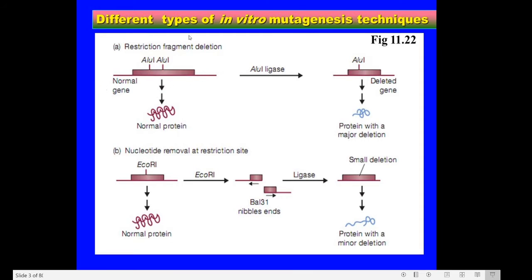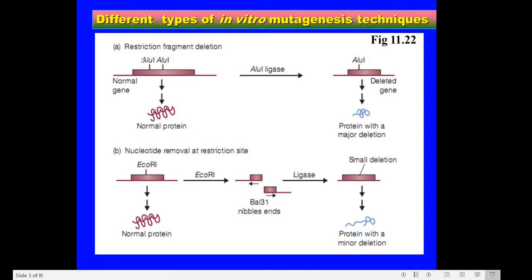This full restriction fragment having two proteins. The normal gene without mutation has two ALU1 restriction sites, that are active restriction sites for the ALU1 enzyme.